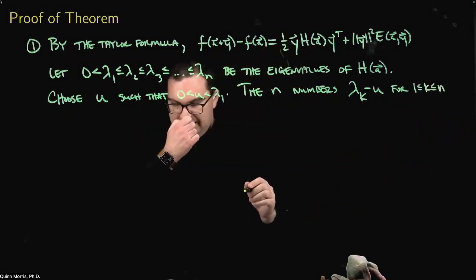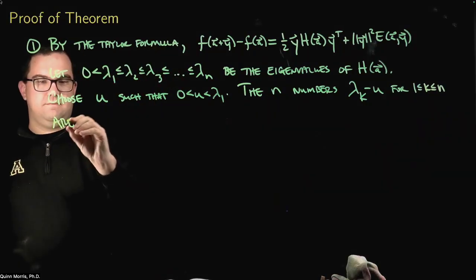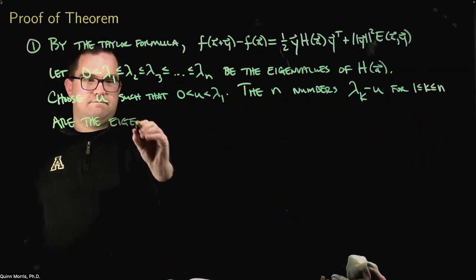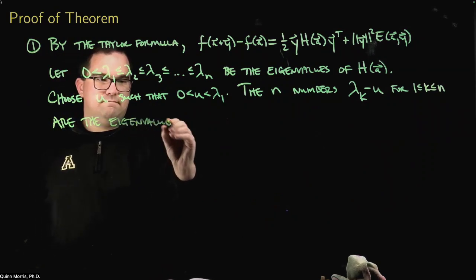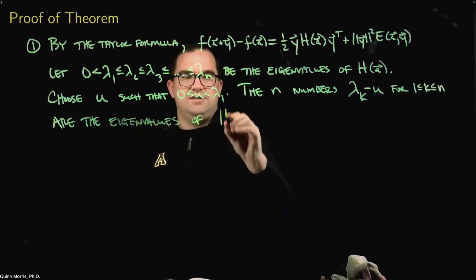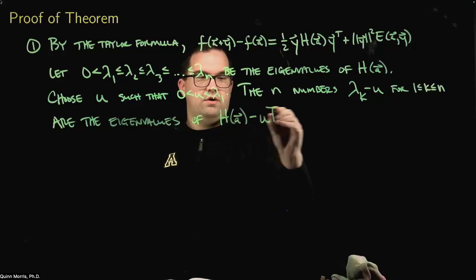Okay. These numbers are now the eigenvalues of the matrix h of a minus uI.